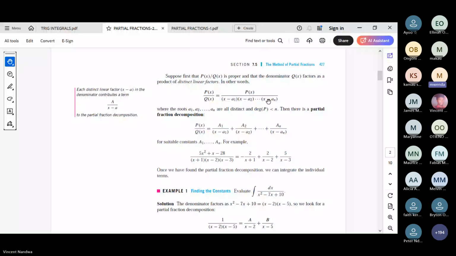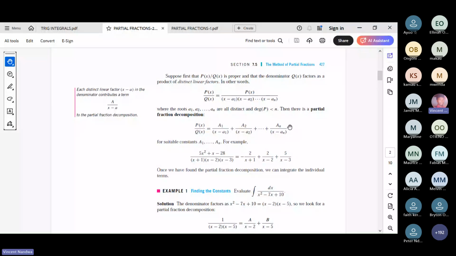So if that's the case, then your partial fraction decomposition of P over Q will be of the form a constant, say A1, over the first linear term, x minus a1, plus another constant A2 over x minus a2, plus all the way up to another constant, An, over x minus an. Where capital A1, A2, A3, all the way up to capital An are constants which you are required to find.